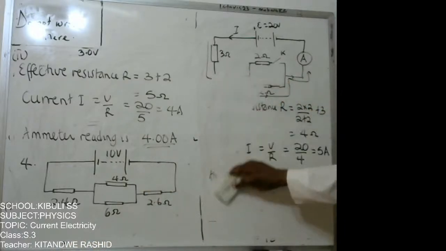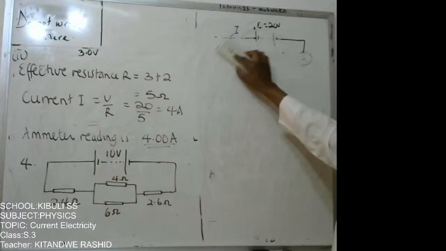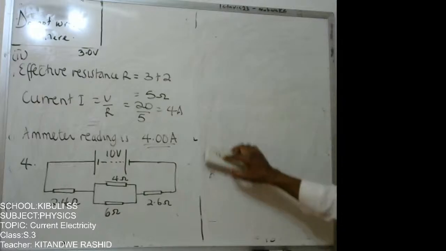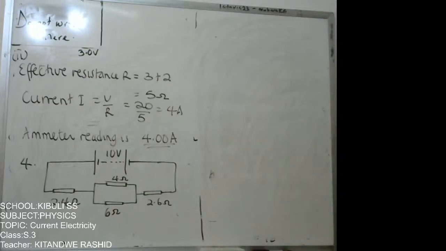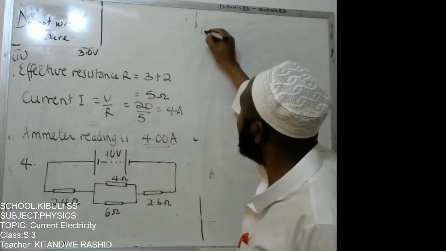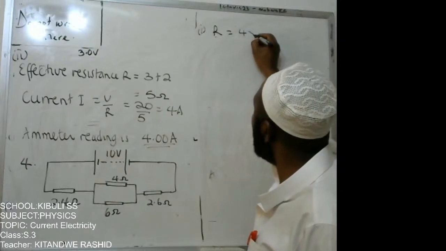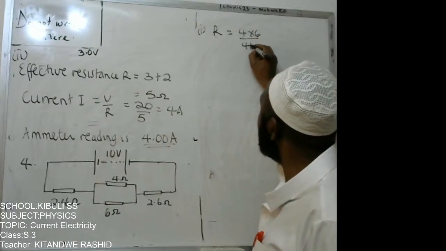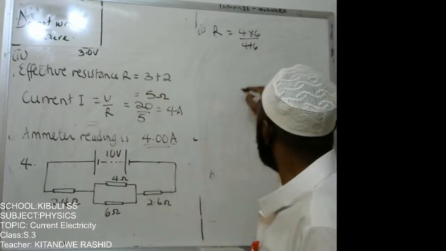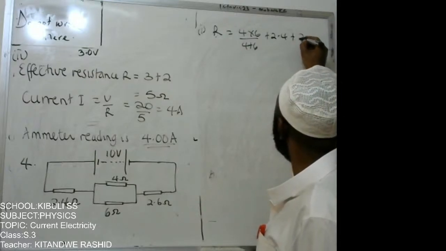Finding effective resistance has become now very easy on our side. When you have 2 resistors, we deal with product over sum, the rest we add. So here, effective resistance R is going to deal with the product over sum, 4 by 6 over 4 plus 6. Then we have these ones, 2.4 and then 2.6.